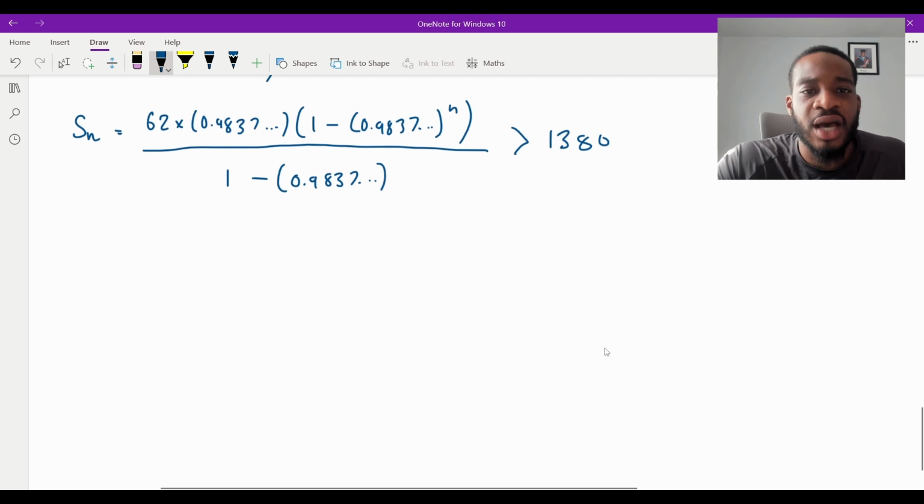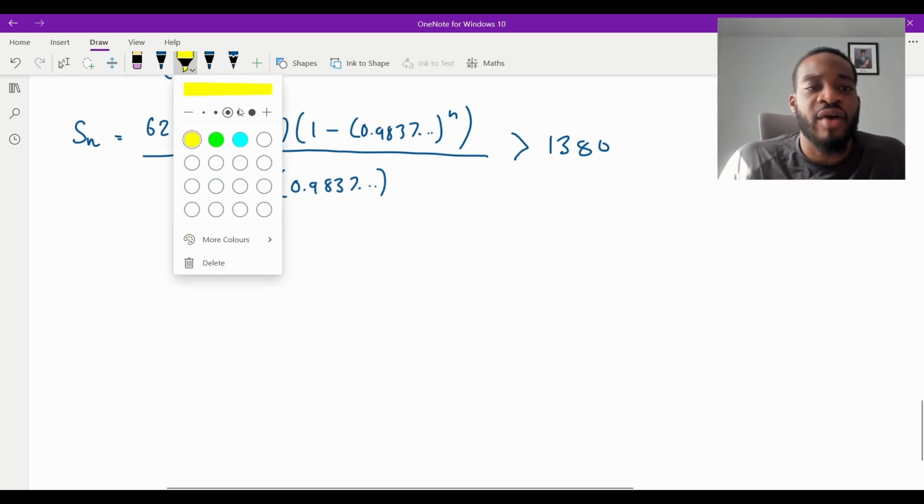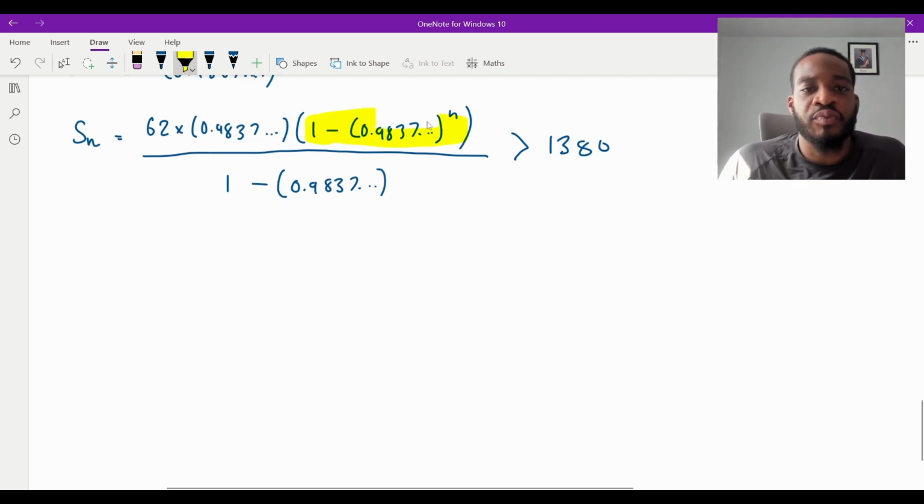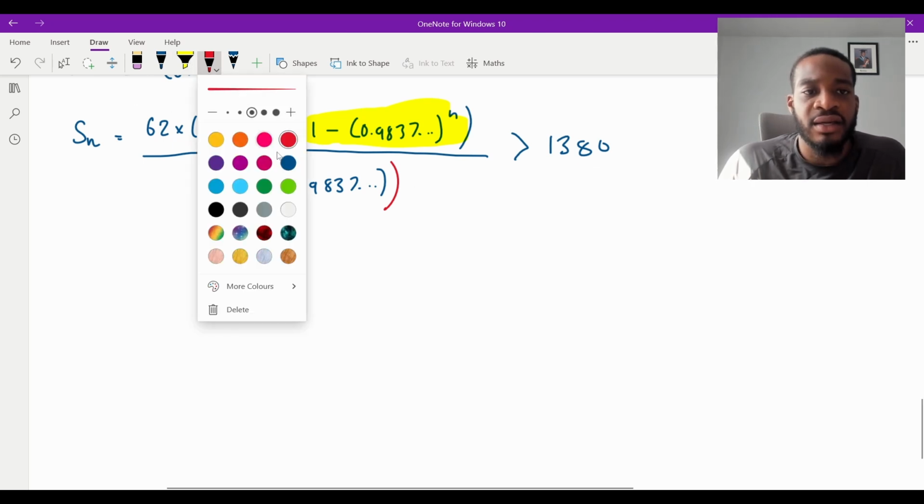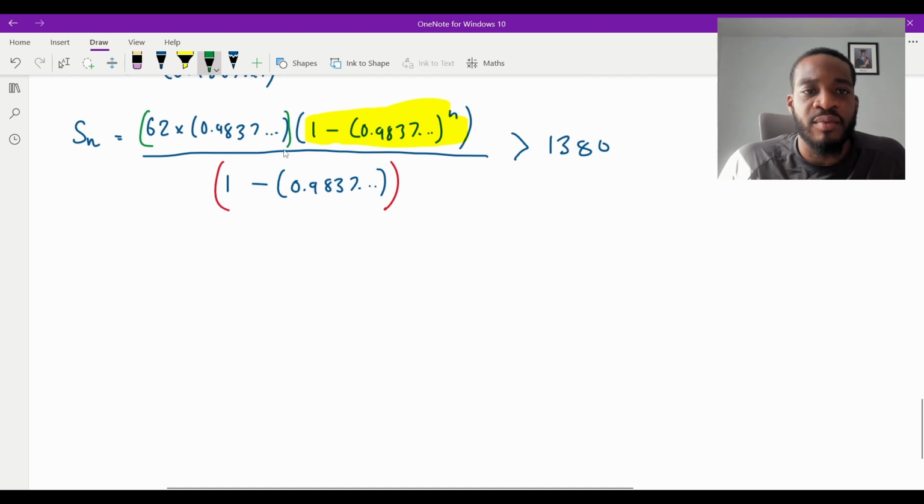So what I'm going to do, just to tidy up a bit, is get this bracket here by multiplying by this denominator here. I'm going to multiply it by 1380, and I'm going to divide by this one here, aren't I? And that will give me the bracket in yellow.